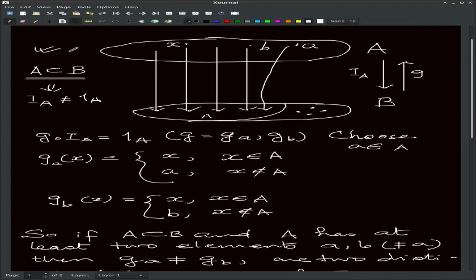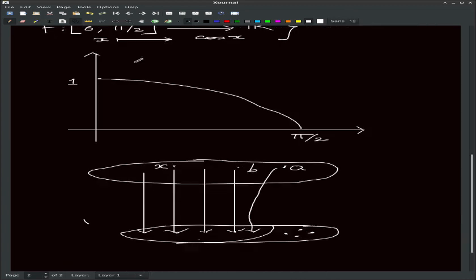Diagrammatically, injective maps are essentially something like this. You can say a stereotype picture is like this of this inclusion. So that's the stereotype of an injective map.